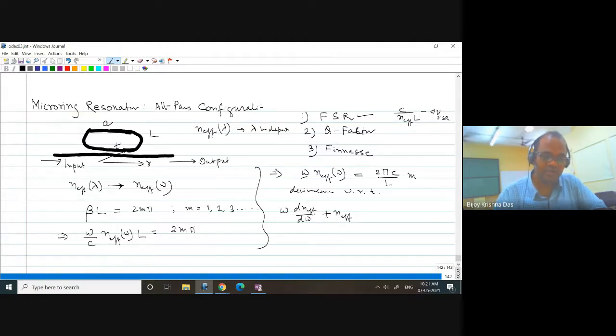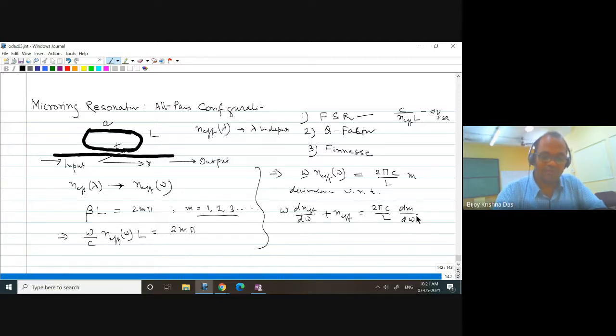On the right hand side, 2 pi c by L are constants. As we detune omega, I have to consider m also a variable. M is an integer, but just for the time being, consider it varying, and that variation is discrete. So we can write d omega like this.